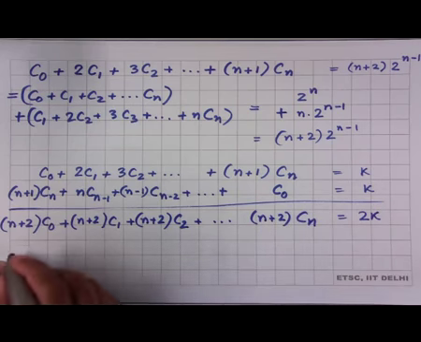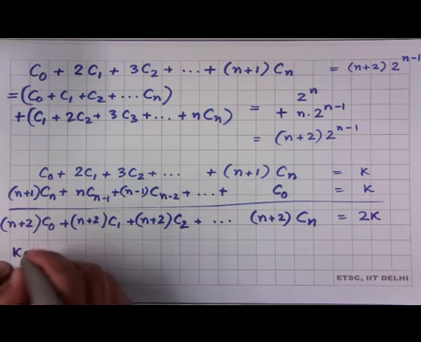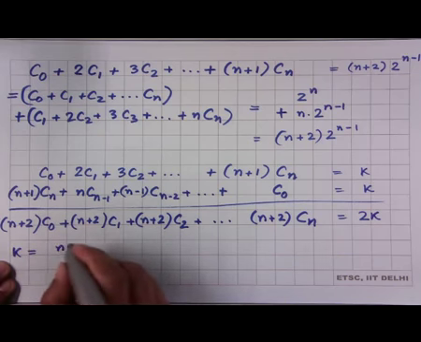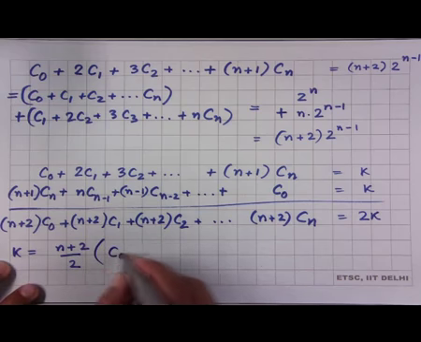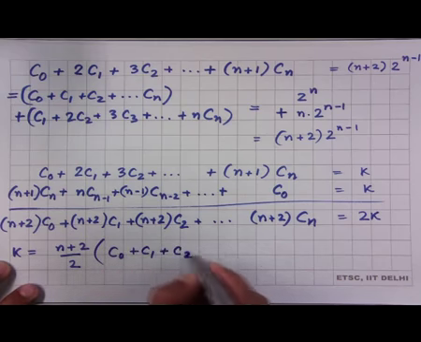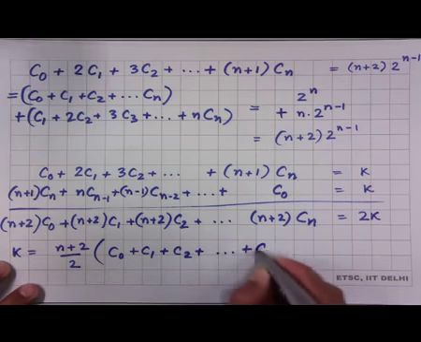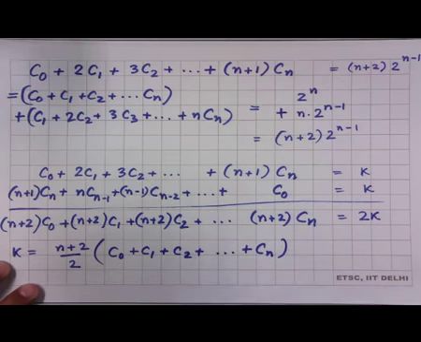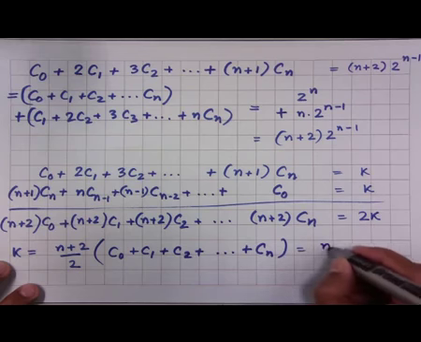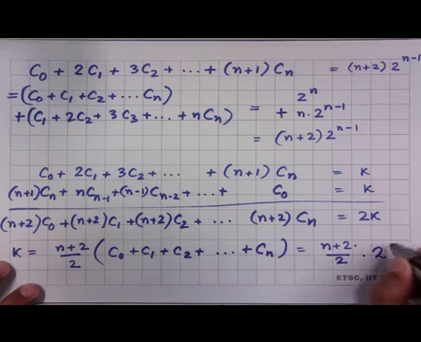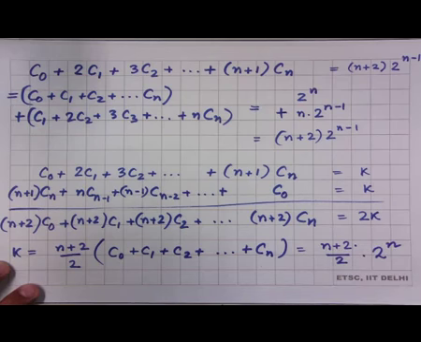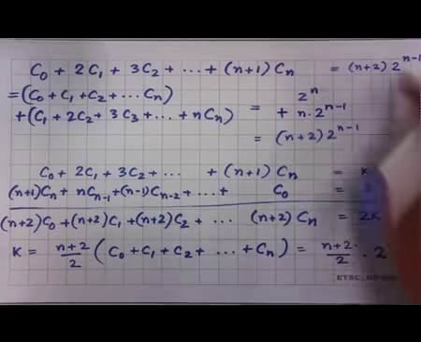Therefore, k is equal to (n plus 2) by 2 times (C0 plus C1 plus C2 all the way till Cn), and this is something that you know, this is equal to (n plus 2) by 2 times 2 power n. So, you have got the same answer.